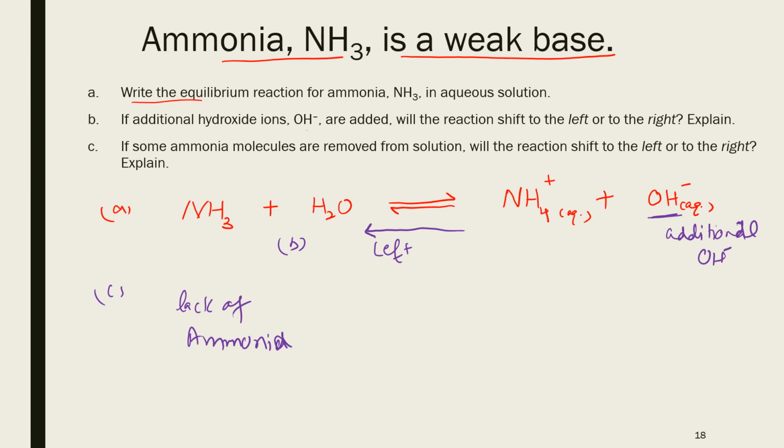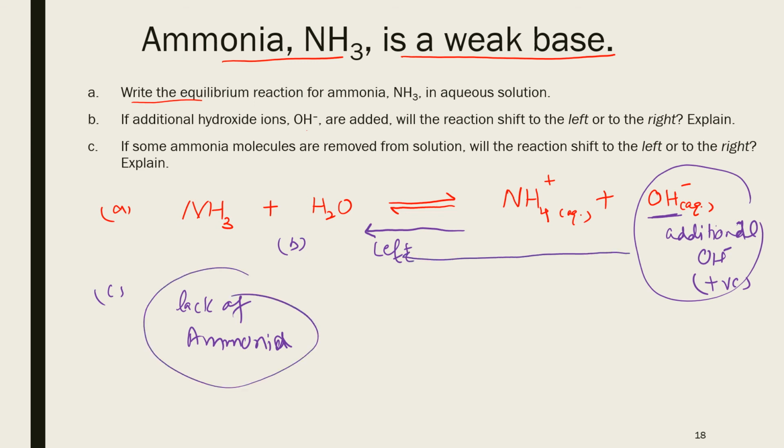When we add additional OH, we create a positive disturbance because we are adding more. You can consider this disturbance like a pressure. If you add more on this side, it will push everything to the other side. But if you remove something, you have created a vacuum. So the reaction will shift to the left to occupy that lack of material which was removed. So lack of ammonia means again equilibrium will shift to the left side.